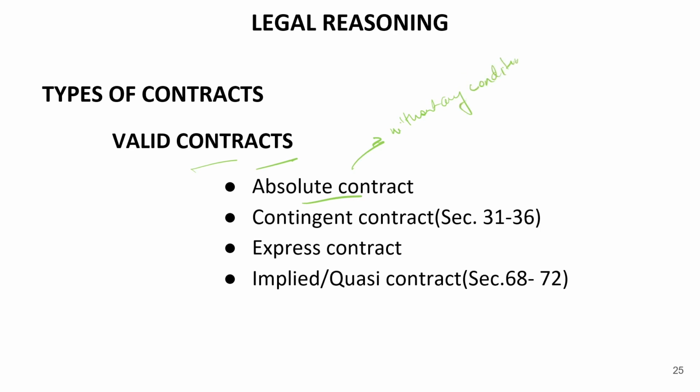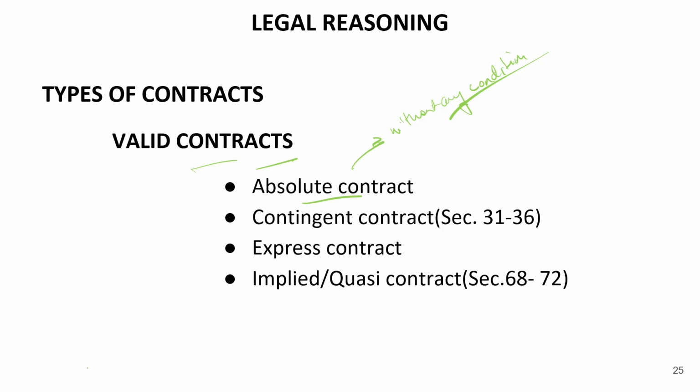If you want to purchase my watch, you have to do this particular act, or if you want to sell my pen, you have to do this particular act. If these types of conditions are not present, then that contract is considered to be an absolute contract.